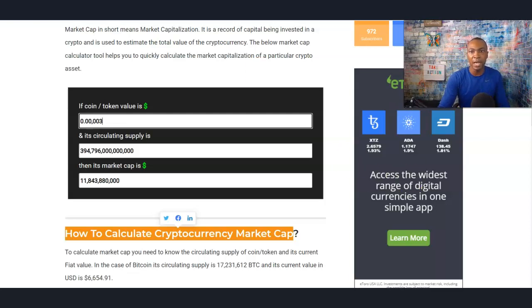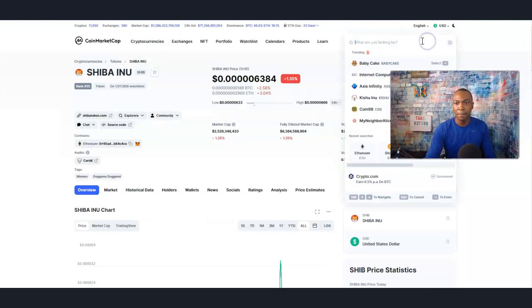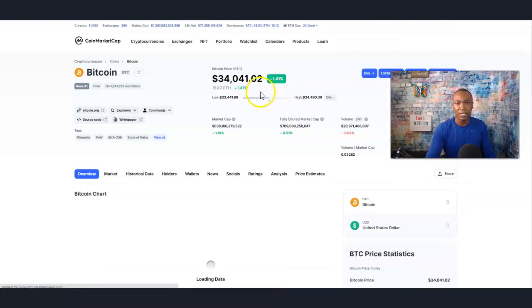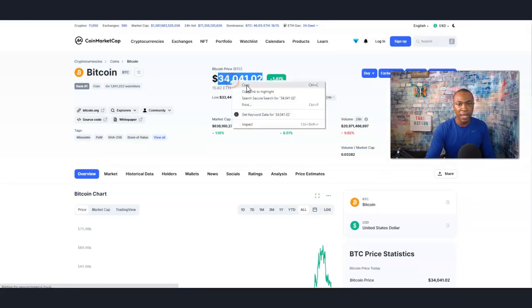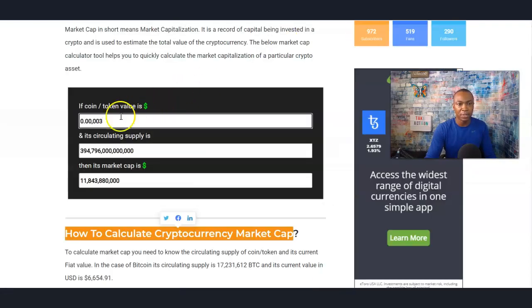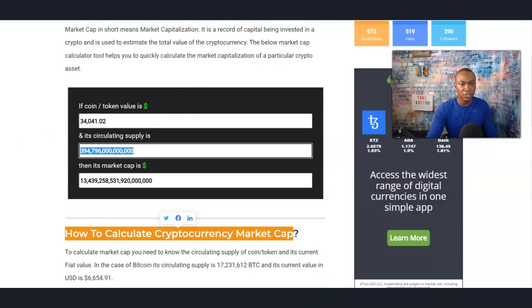Let's do another asset that you may be aware of, and let's do Bitcoin. Now Bitcoin's price is this price here, which is over 34,000. Let's copy the price and put it right here. All right, let's go to the circulating supply, just like we did for Shiba. We'll copy this and paste it like so.